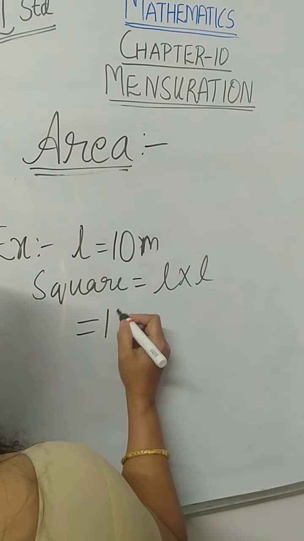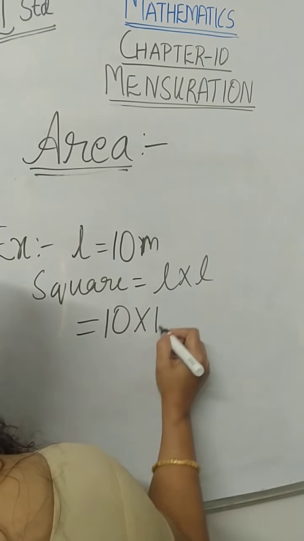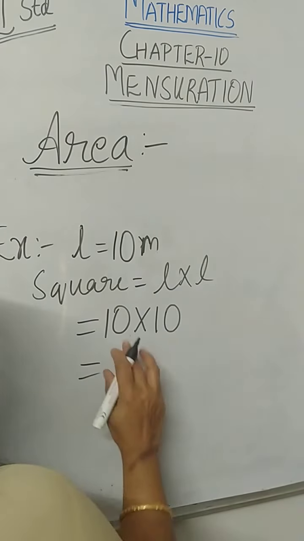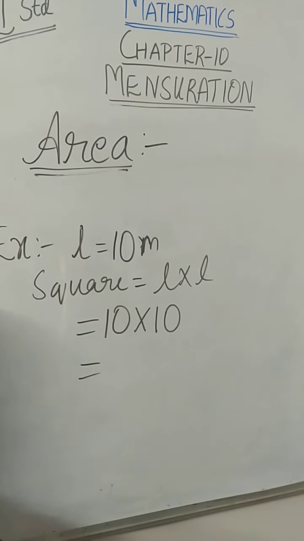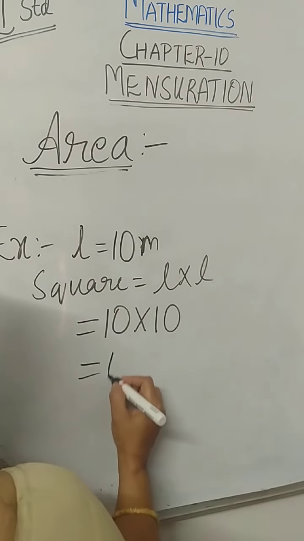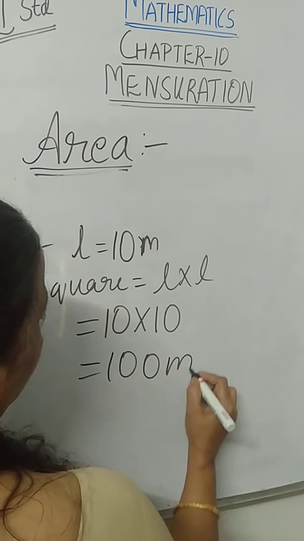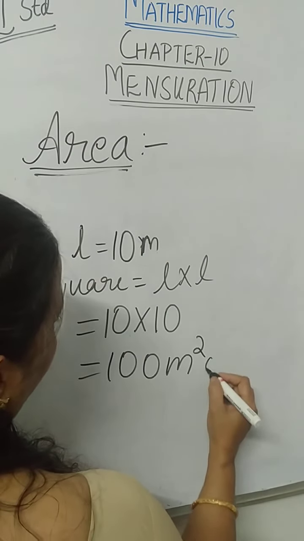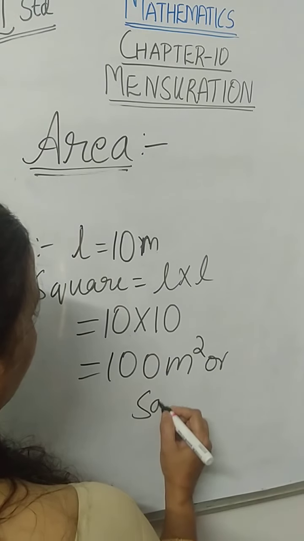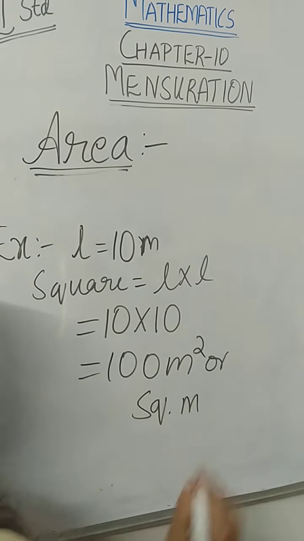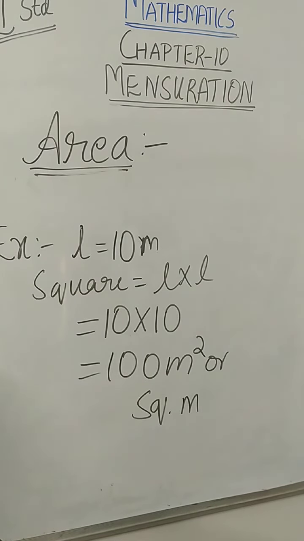So we can write it as 10 into 10. What is 10 into 10? It is 10 into 10, not 10 plus 10. So 10 into 10 it is 100. Meter square, or we can write even as square meter. So this is the way we calculate the area of a rectangle or area of a square.